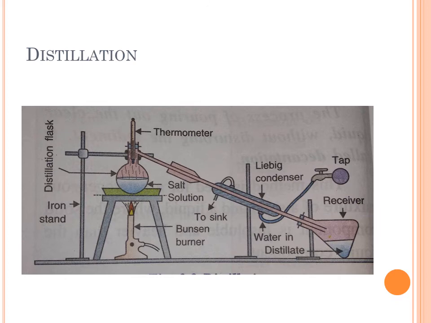Tap water, a mixture containing dissolved salt, is purified by this method. The pure water so obtained is called distilled water. Separation of a mixture of iodine and alcohol is also done by distillation.